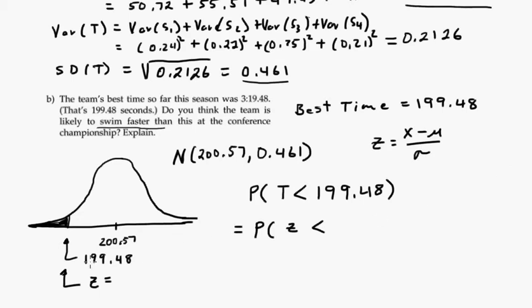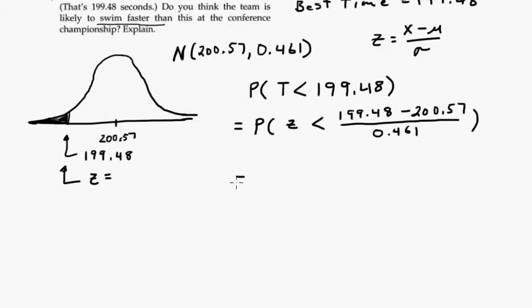The observed value that we're interested in is 199.48, and we're going to subtract off the model's center, the mean, 200.57, and divide by the standard deviation, 0.461. That's going to be the probability that z is less than negative 2.36.